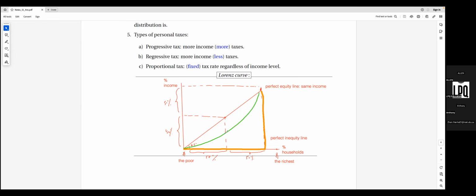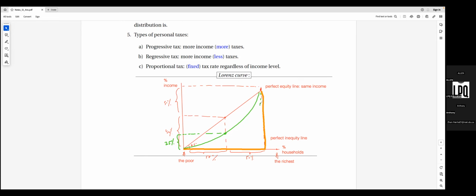Yeah, this is a Lorentz curve. This time, maybe the bottom half of the total population, because those are lower income households, can control like a quarter of the total wealth. It's a more realistic assumption, right?